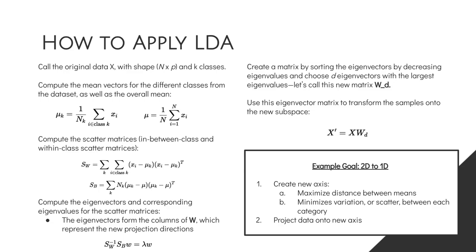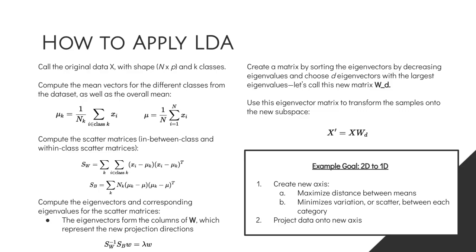Next, we calculate two types of scatter matrices. We have the within-class scatter matrix, which is S sub W, and that represents the variance within each class. And it's computed by summing the covariance of each class. For each class K, the within-class scatter matrix is given by this formula, where K is the number of classes and mu sub K is the mean vector of class K. We also have the between-class scatter matrix, which measures the separation between the different class means.